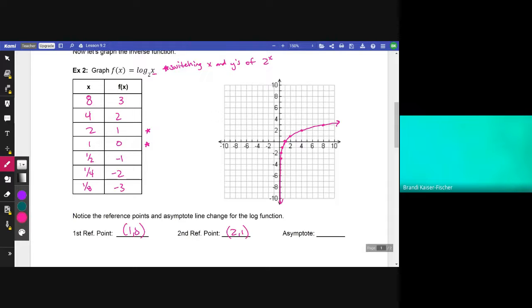So our asymptote this time, instead of y equals 0, we need it to represent the y-axis, so it's the line x equals 0. Okay, vertical lines always start with an x. So maybe if you want to make a note of that, like x means the vertical line.